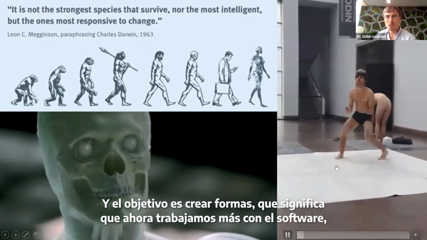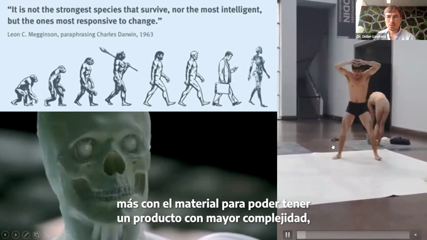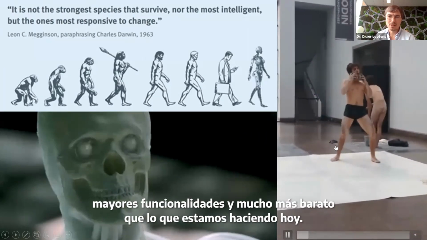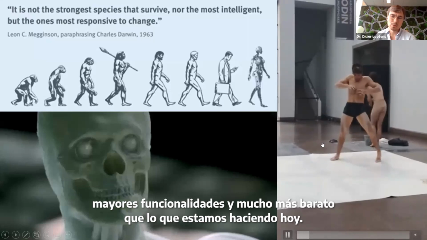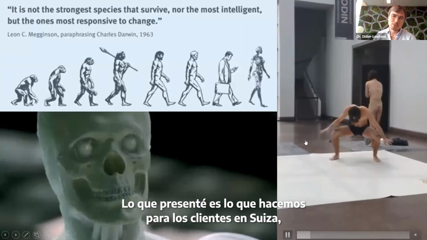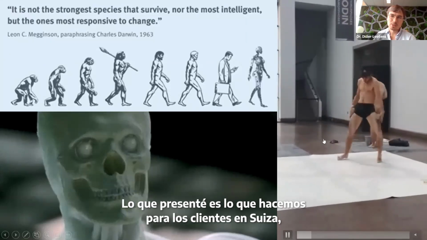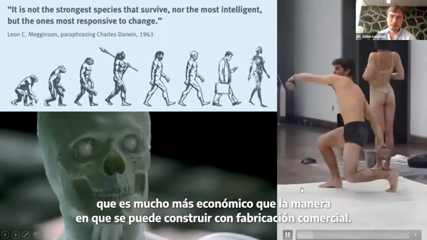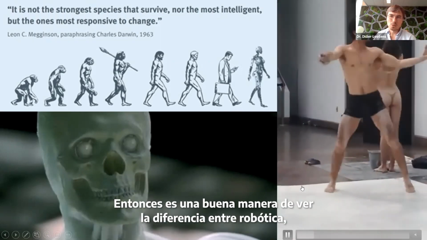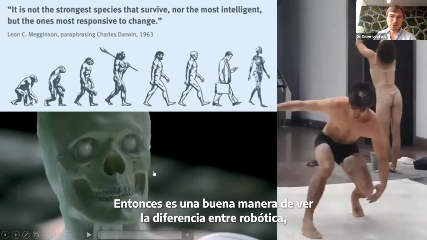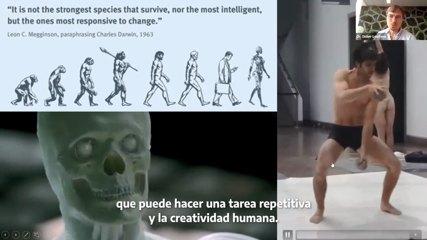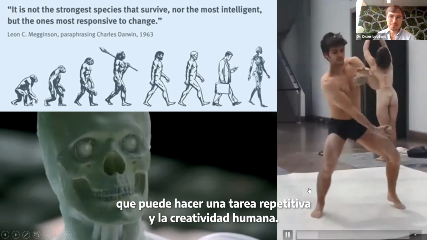That means that now we work more with software, more with the materials, to be able to have products with higher complexity, higher functionalities, and much cheaper than what we are doing today. What I present, what we are doing for the clients in Switzerland, is much cheaper than the way we can build with conventional manufacturing. So that's a good way to see the difference between robotics that is able to do the repetitive tasks and humans doing the creativity.